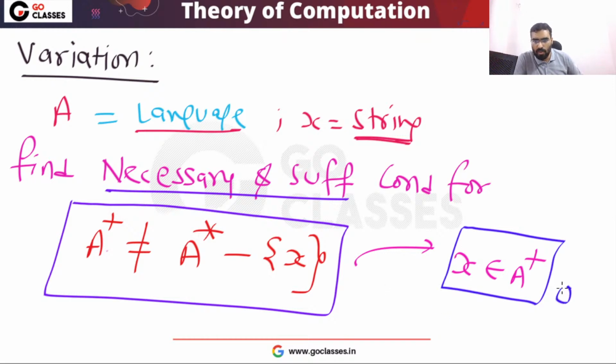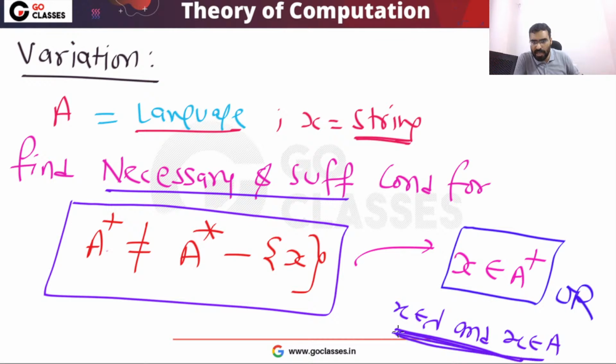Or what can happen? It can happen that this X is the empty string, or X is the empty string and X belongs to A. Only these two can happen.